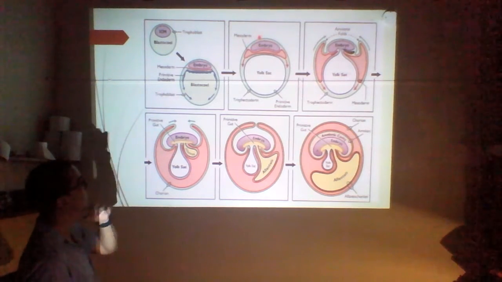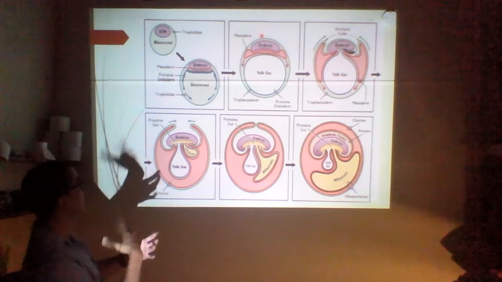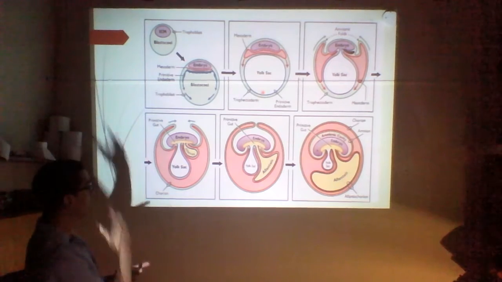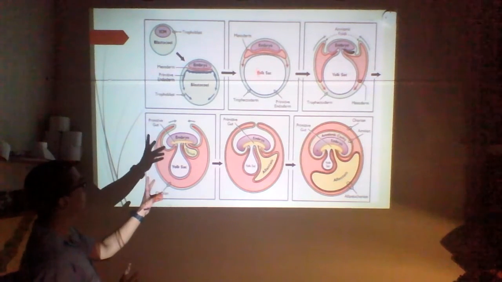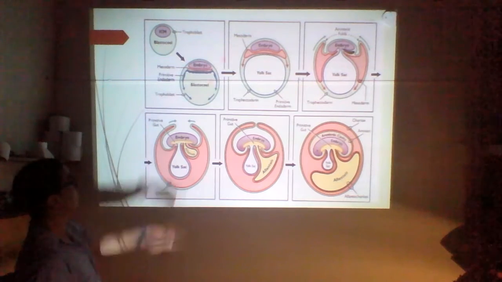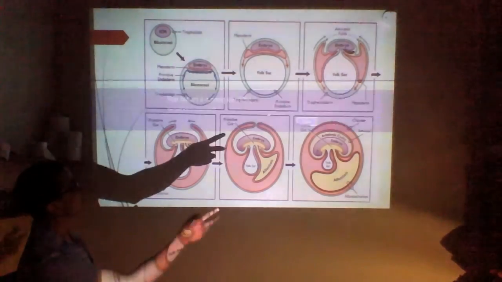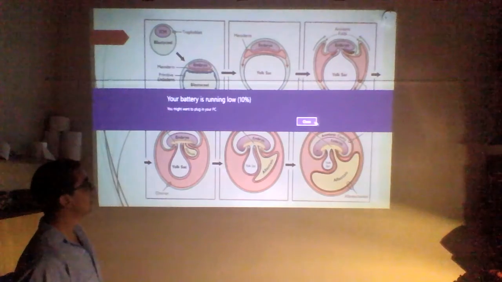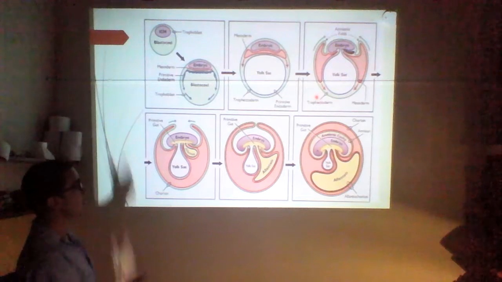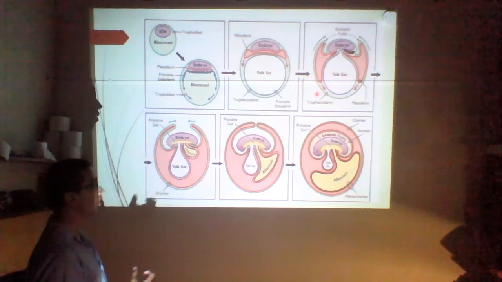Then the mesoderm is going to get bigger, and then the blastocele turns into a yolk sac, and we have the trophoblast, the down part of the image, and then in the third part we have an amniotic pouch, and then we can see that the mesoderm is getting bigger and the yolk sac is getting little.